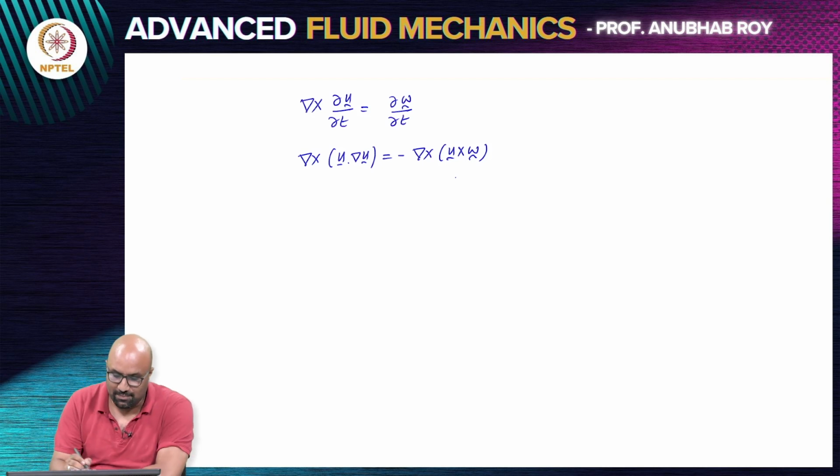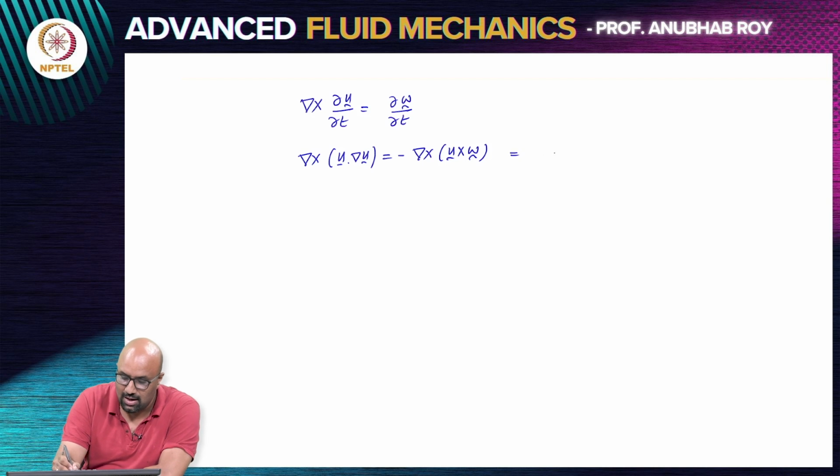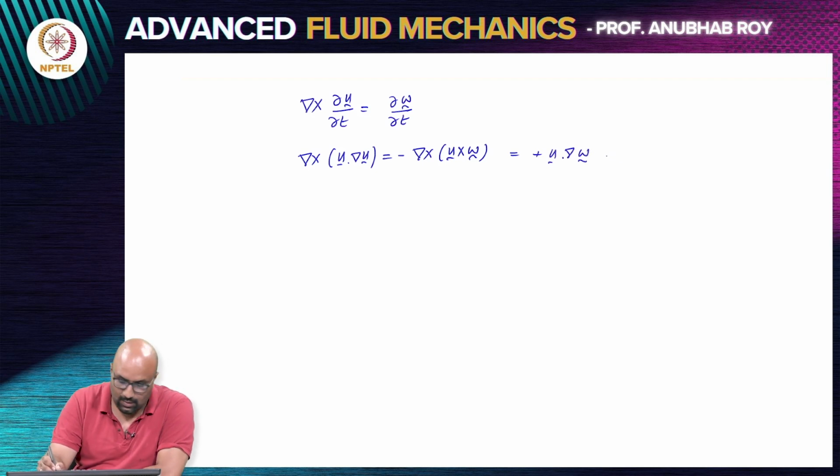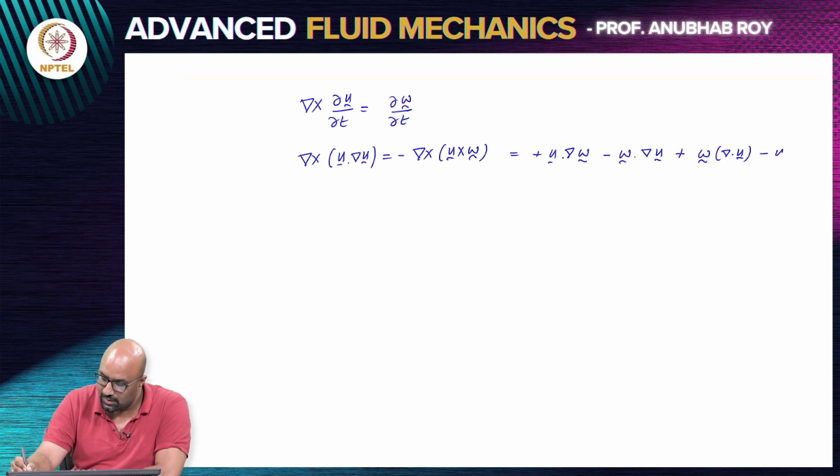So, if I expand minus curl of u cross omega, I will get plus u cross del omega, minus omega cross del u, plus omega del dot u, and there will be one more term which is u del dot omega. So, if you do that full expansion.